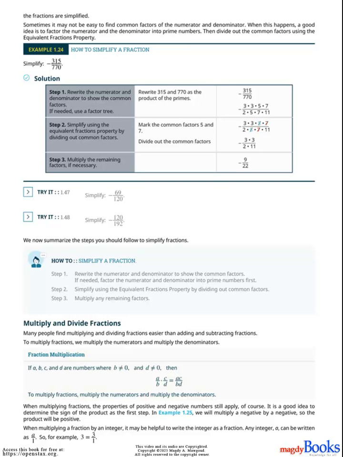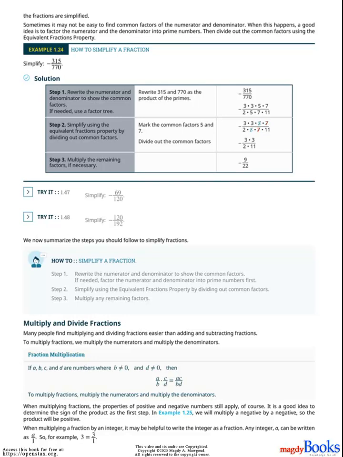Example 1.24. How to simplify a fraction. Simplify -315/770. Solution. Step 1. Rewrite the numerator and denominator to show the common factors. If needed, use a factor tree.